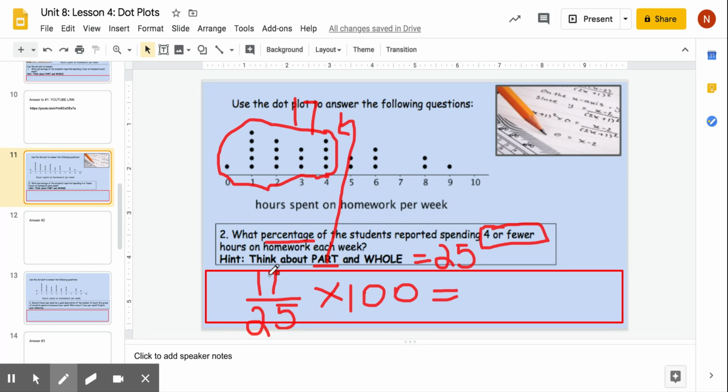And when I do 17 divided by 25, I am going to get 0.68. I multiply it times 100, and my final answer is 68%.